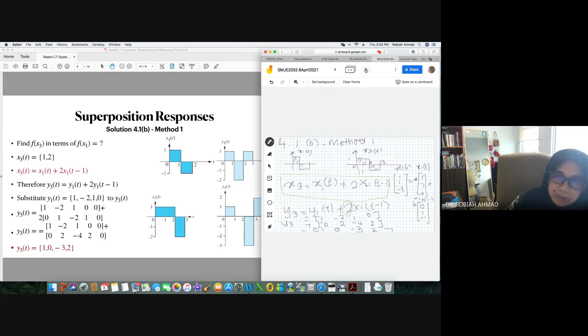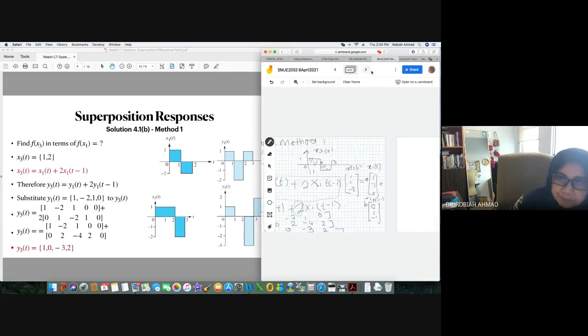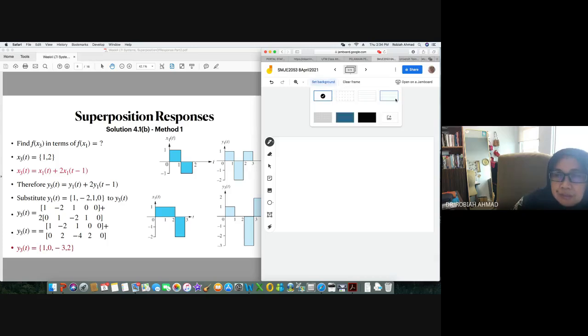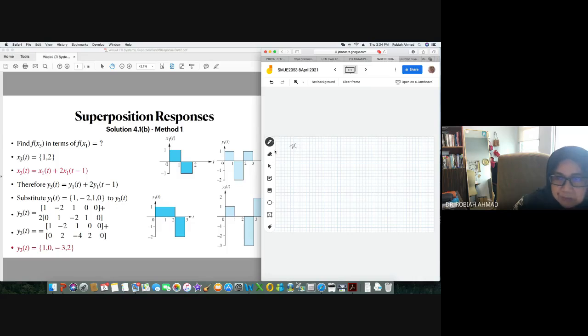Okay, so for the second method, because we already know the relationship of x1, 4.1 B, method 2.